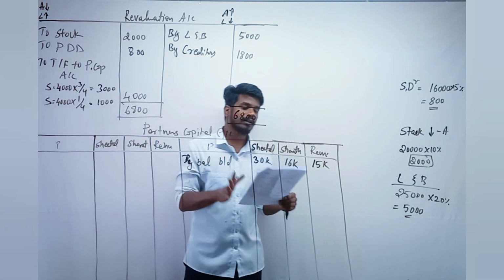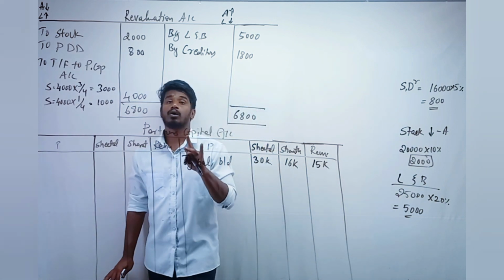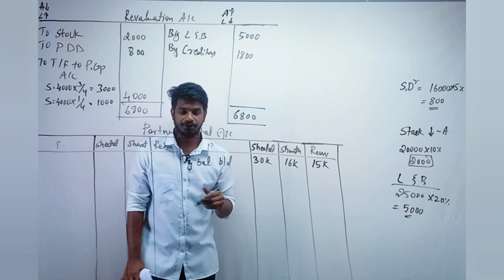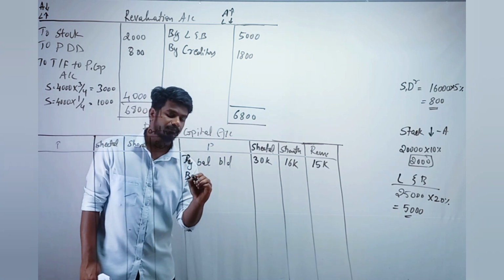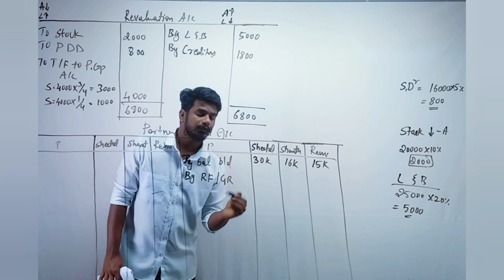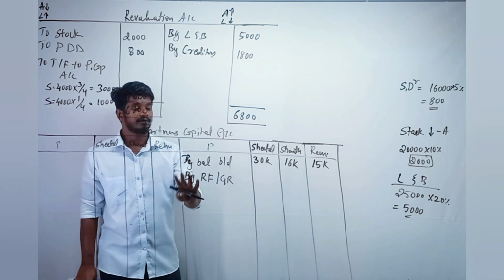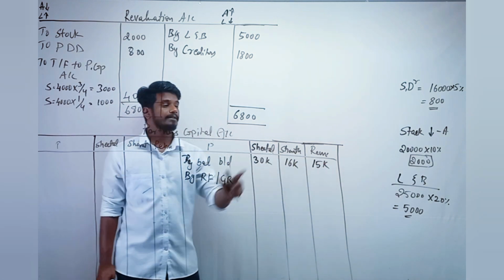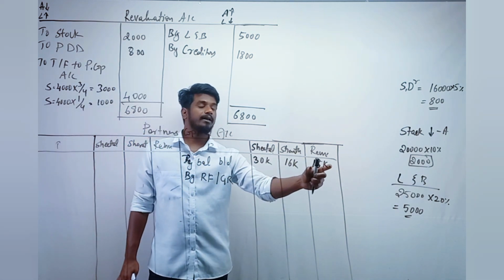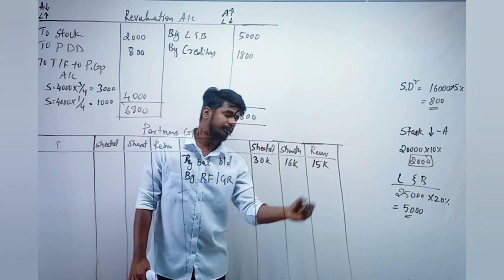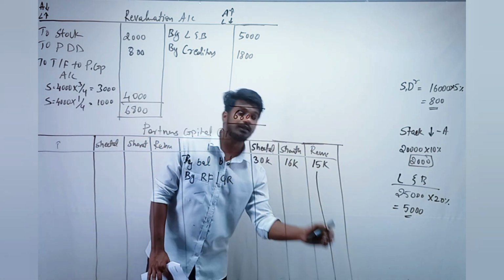Fine. And the next thing, we should look for the reserve fund in the liability side of the balance sheet. So we have a reserve fund or general reserve, whatever it may be. Now one more point: if you write the capital for the admitted partner, that's it, nothing will come here.